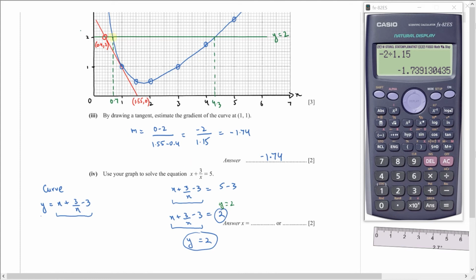Since we are reading them from the graph, you might not get exactly y equals 2, but you'll get a value very close to it. So for these two values of x, you get y value 2. So your answer here will be 0.7 and 4.3.